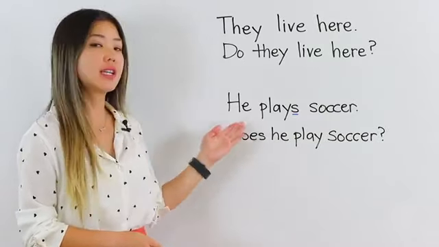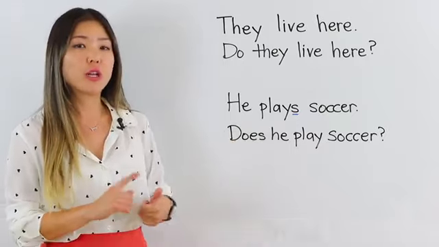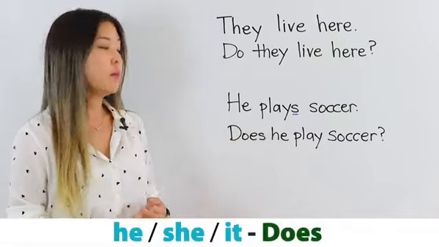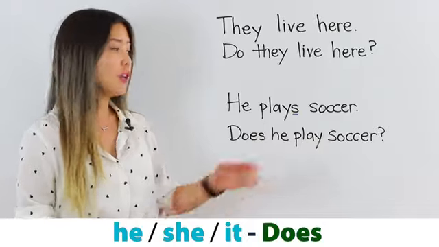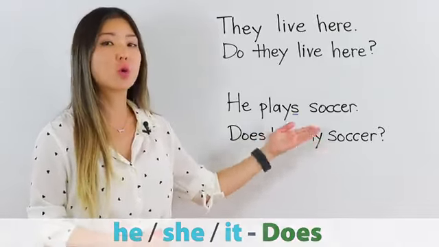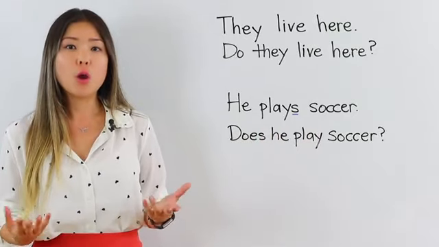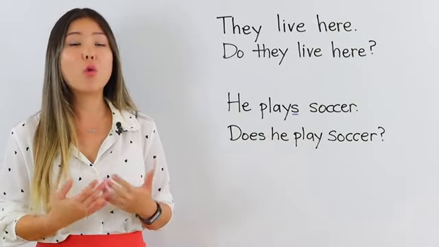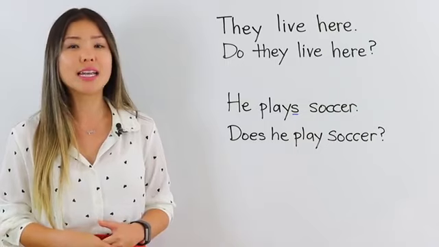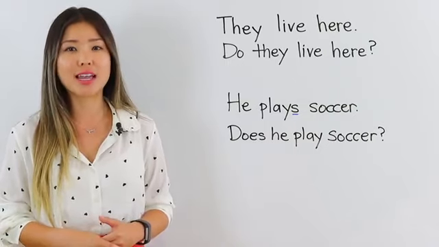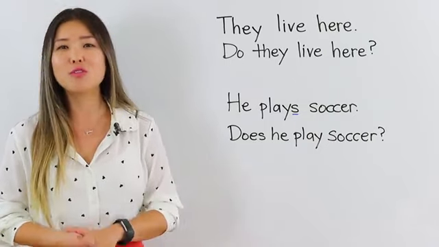Instead, I just use does at the beginning. So for he, she, or it, put does at the beginning. And don't worry about putting an S or ES at the end of the verb. So to review, one possible way of forming a question for the present simple tense is using do or does at the beginning. All right, let's move on.